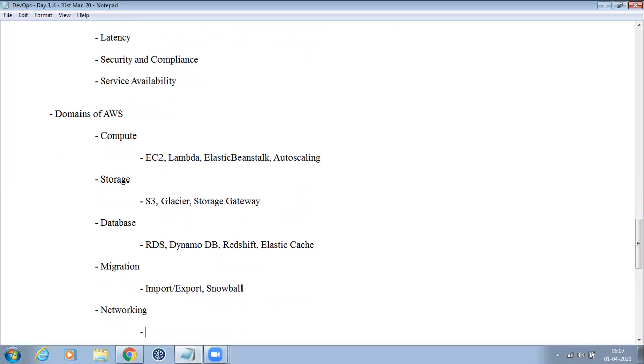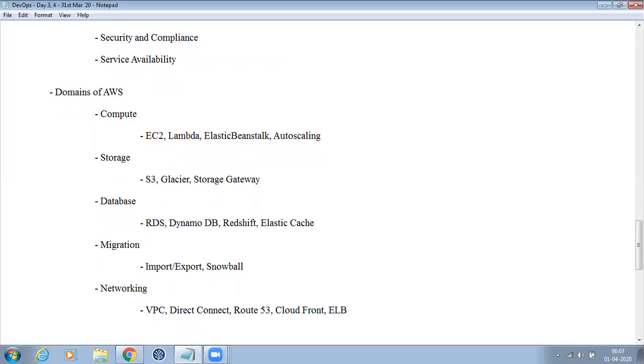Under networking, we have VPC, Direct Connect, Route 53, CloudFront, and ELB. These are some of them under the networking category.